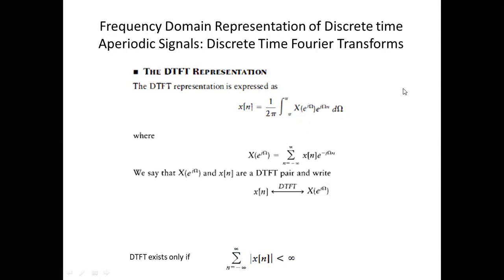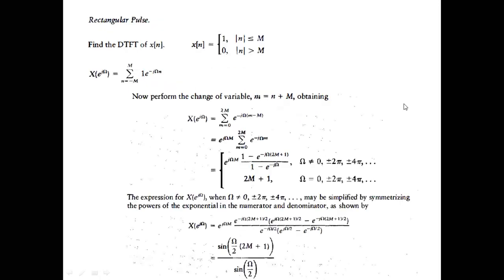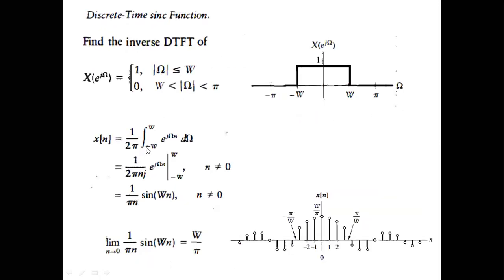That is why what we have here is minus W to W of e to the power jωn. e to the power jωn is part of my expression, and the value of X from minus W to W is simply 1. We will simply find the inverse here.